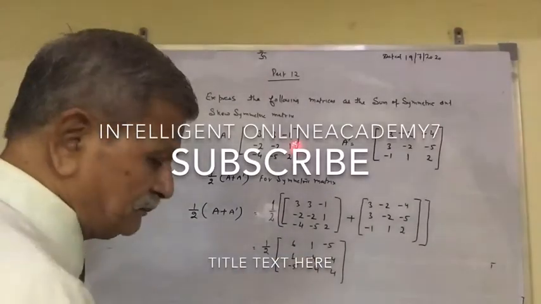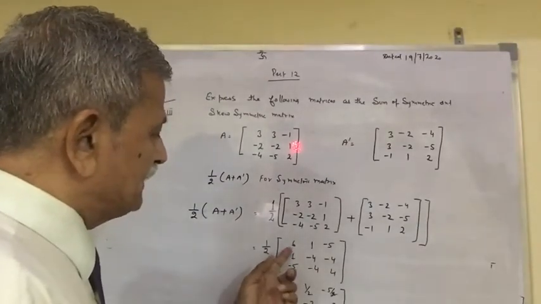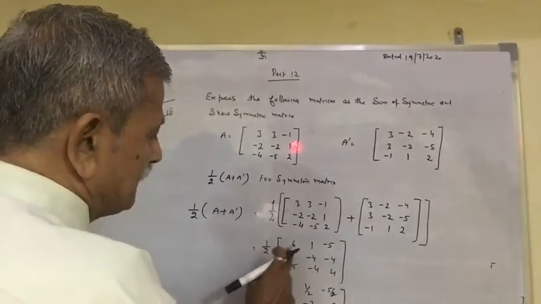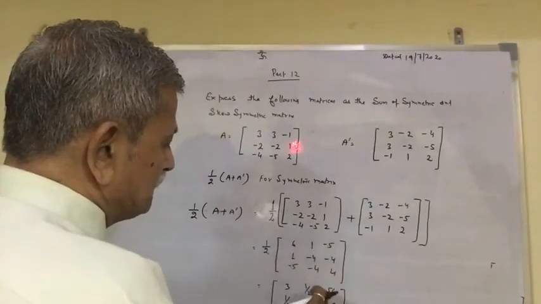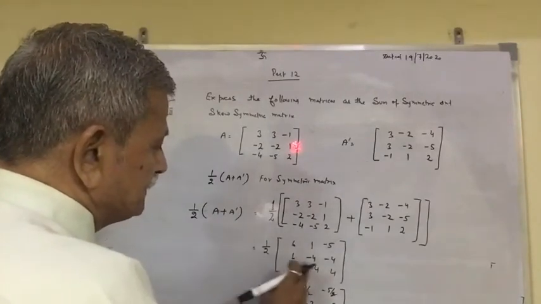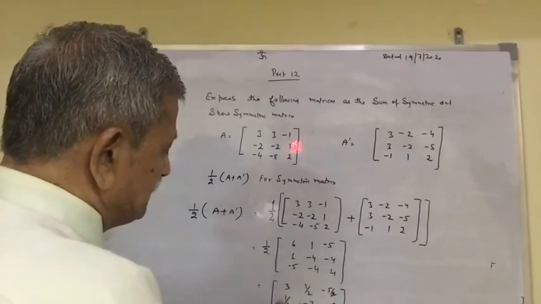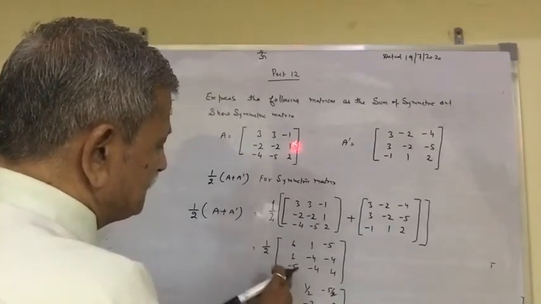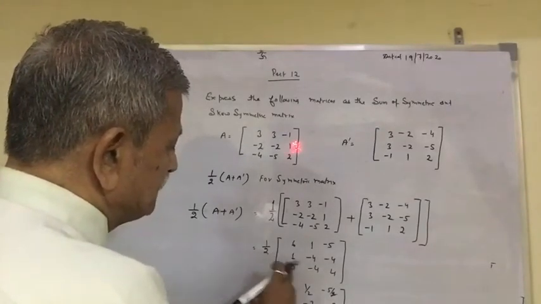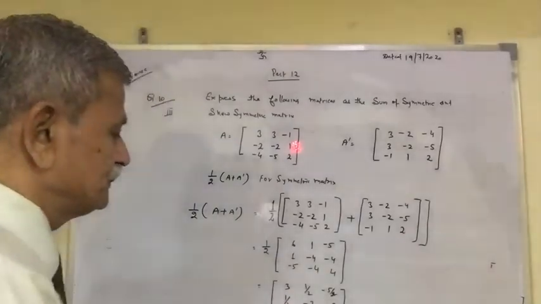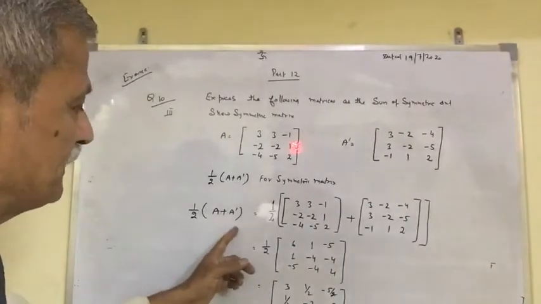After dividing by 2: 6 divided by 2 is 3, then 1 half, then minus 5 by 2, then 1 half, then minus 2, then minus 2, and minus 5 by 2, minus 4 divided by 2 is minus 2, and then 4 divided by 2 is 2. Now, you would find here this matrix, half of A plus A bar.